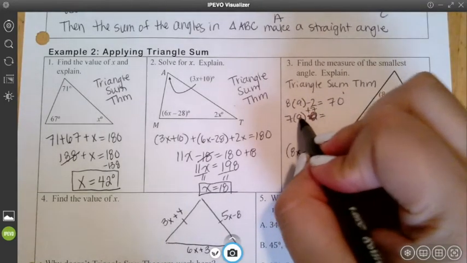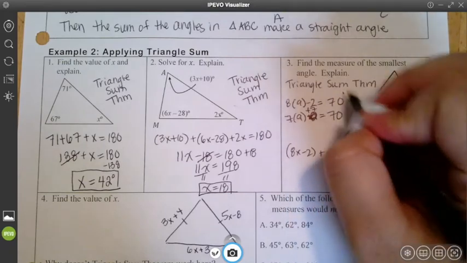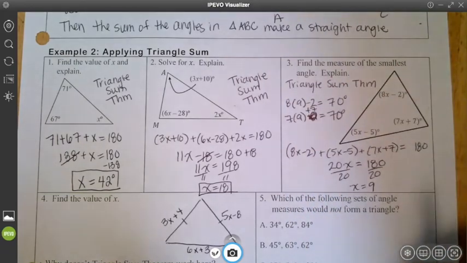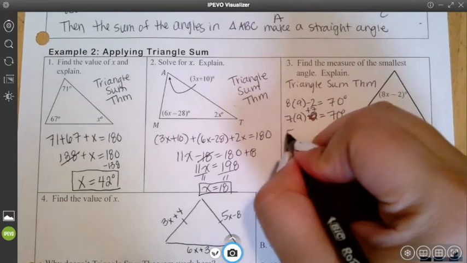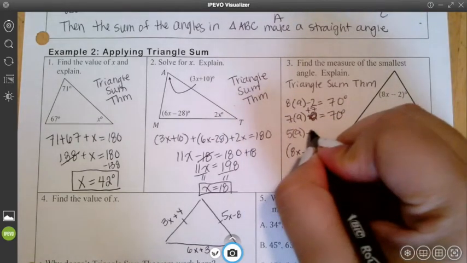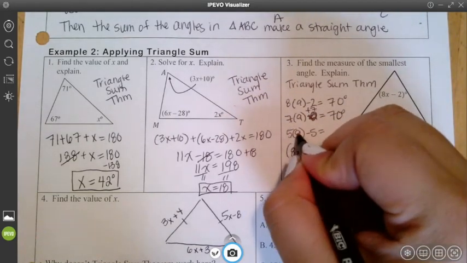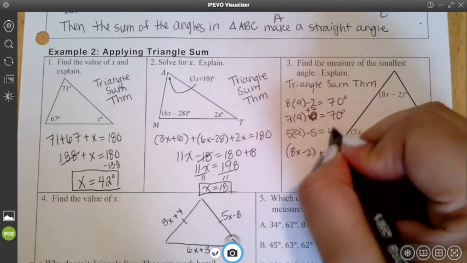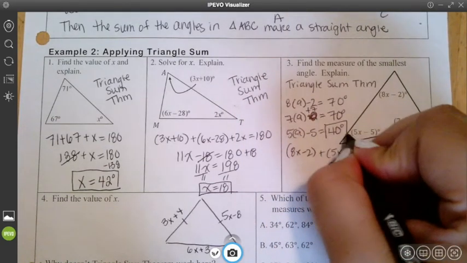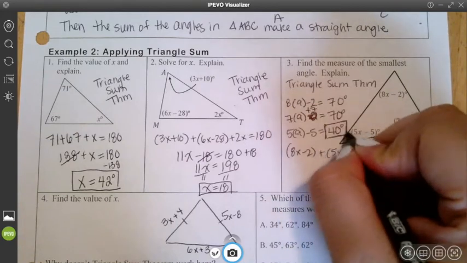There we go. 63 plus 7 is 70. And our last angle here, 5 times 9 minus 5 equals 45 minus 5, is 40. So 40 degrees is our smallest angle.